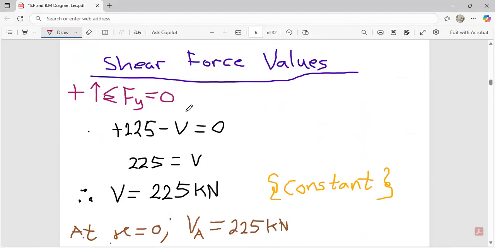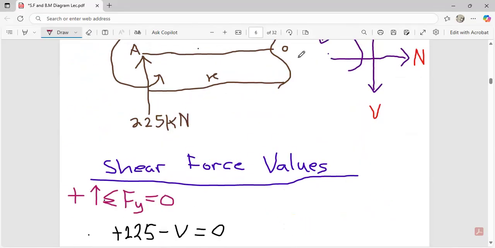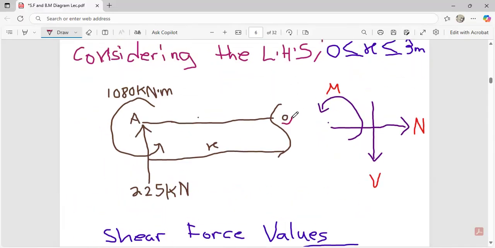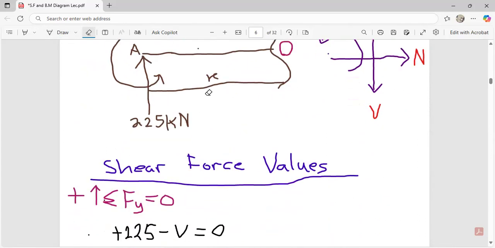But this time, because we are going to be taking our moment at this origin, which is O, we are going to be denoting O for our various calculations.